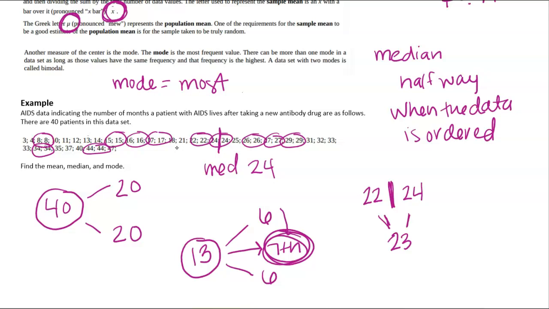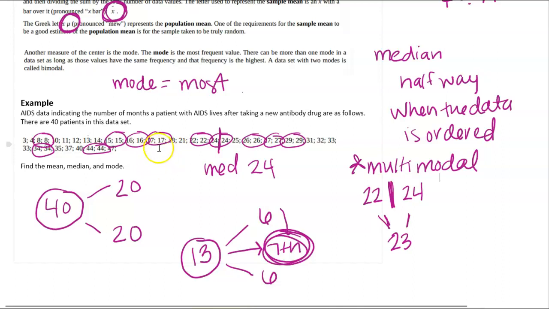All of those would be considered the mode because they are all doubles and there are no triples. In that case, we call that multimodal because there are multiple repeating data points in this data set.